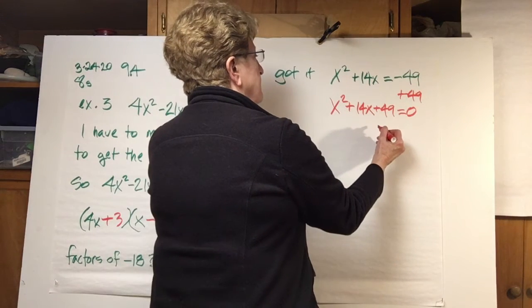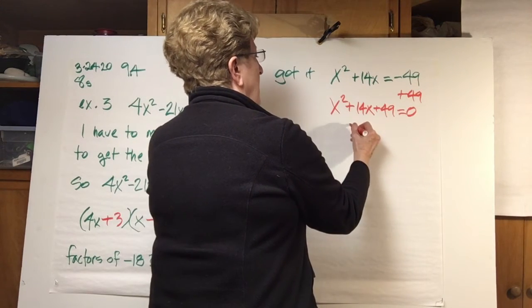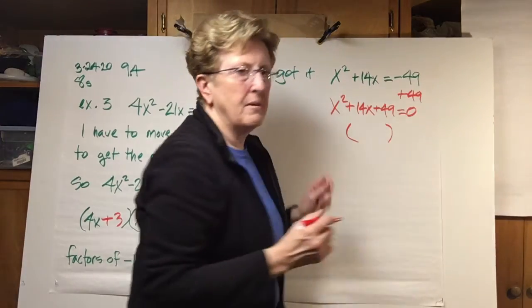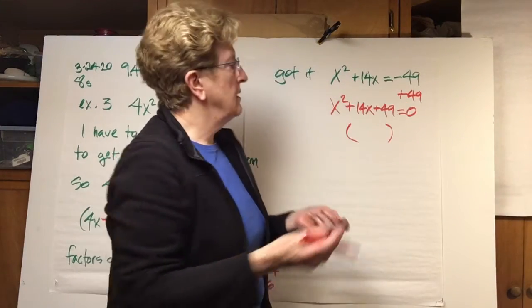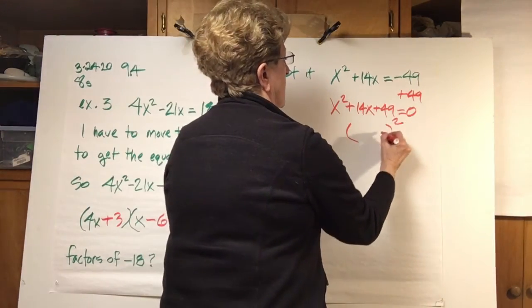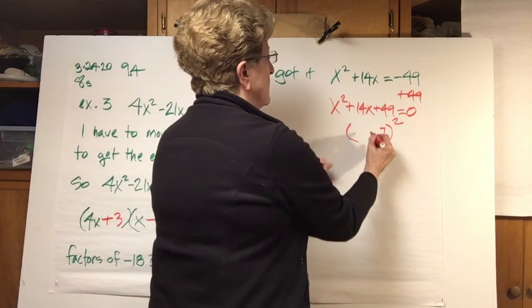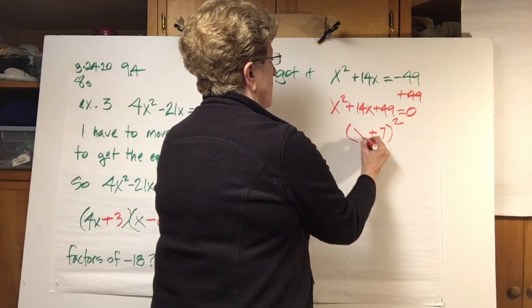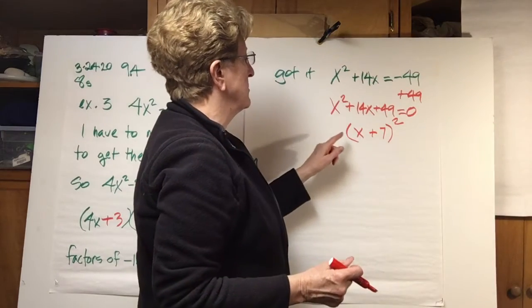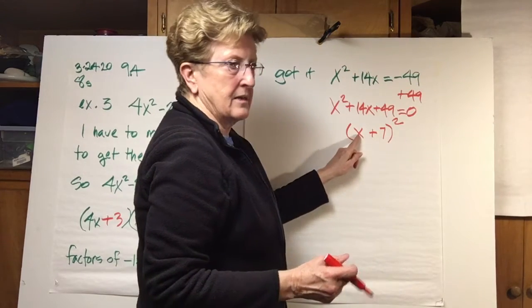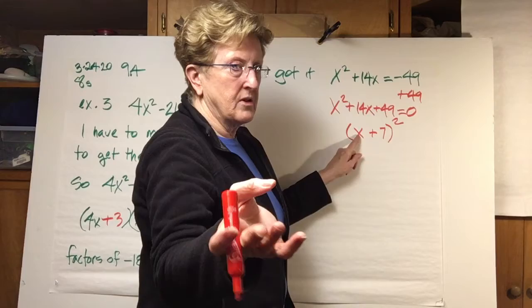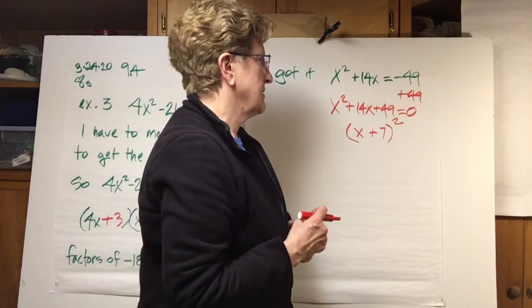So, I think this might be a perfect square trinomial. And that's plus, so this is plus, and that's x. And let me just check this middle term. 7 times x is 7x, and I would double it for my 14x.